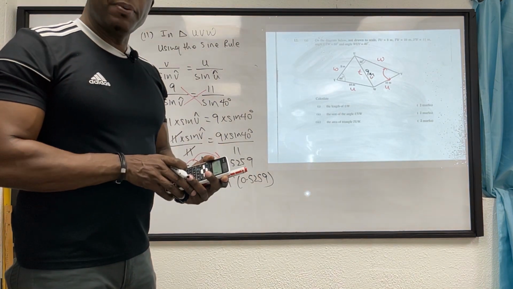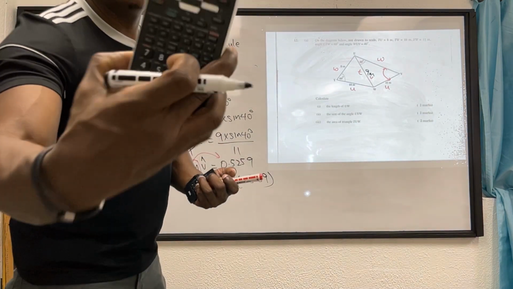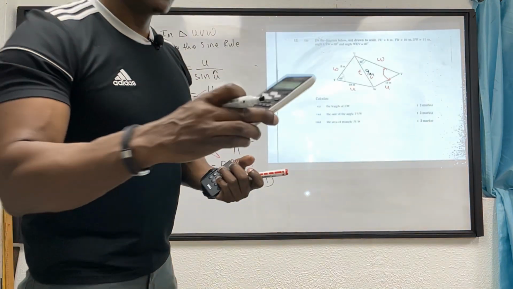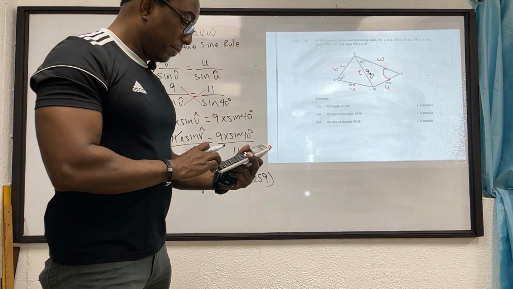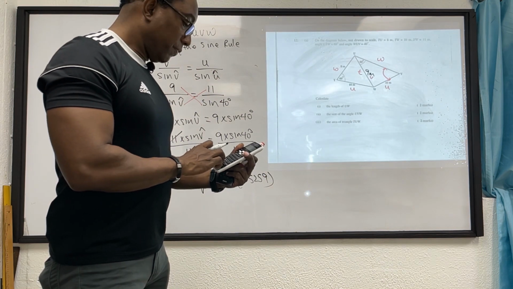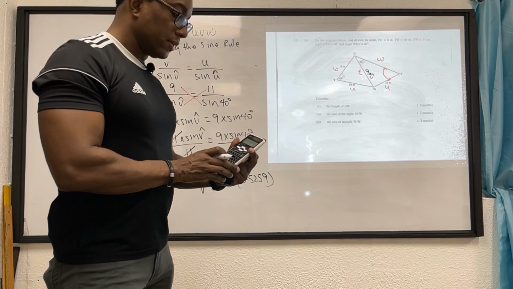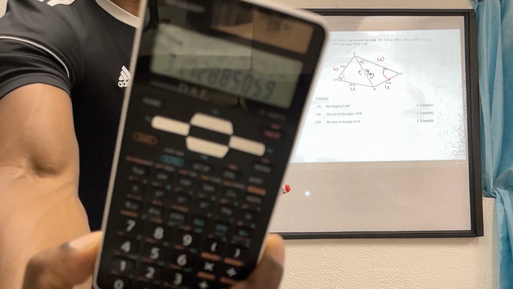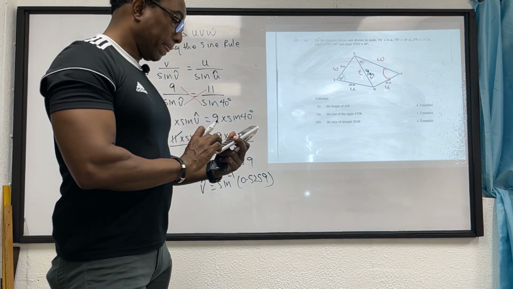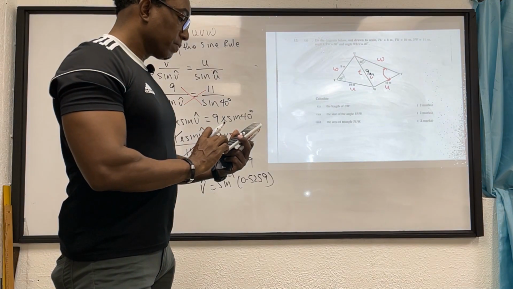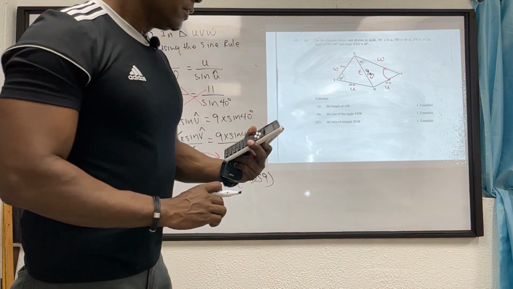I see sine to the power of -1 on my screen. I put open brackets, 0.5259, close brackets, and equal sign, and we get 31.